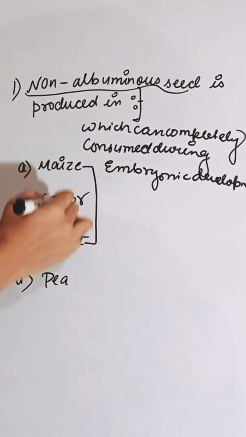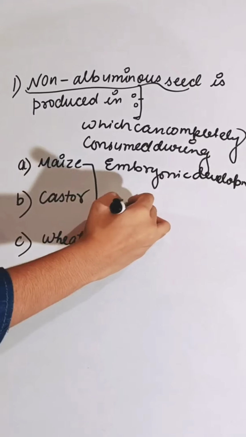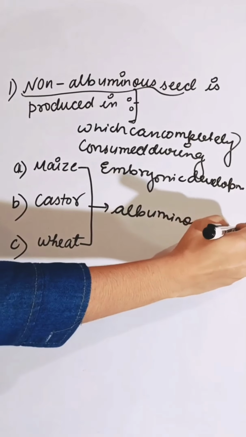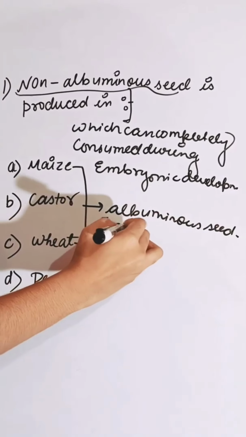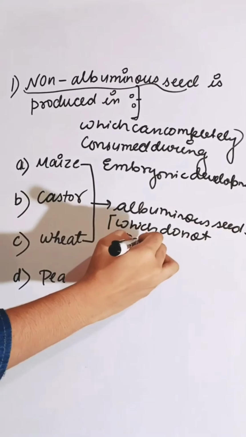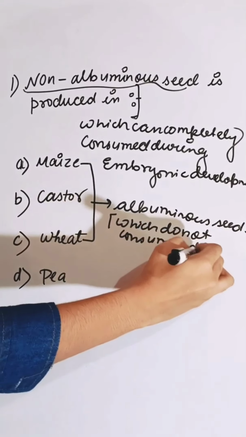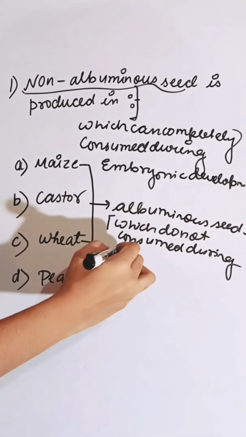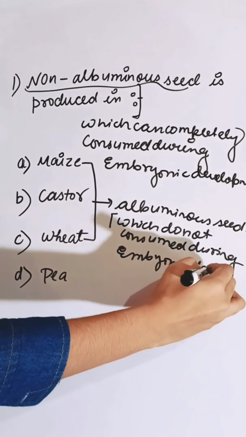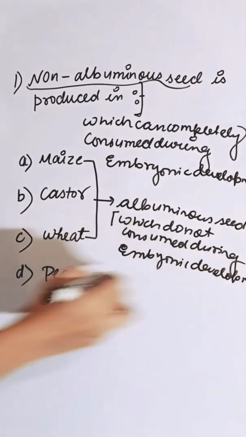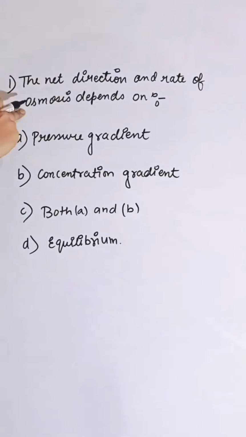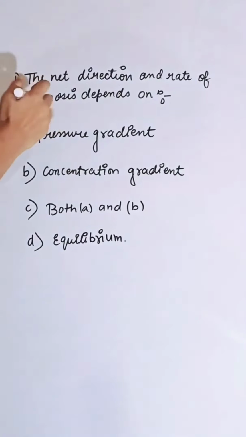These three, maize, castor and beet, are albuminous seeds, which do not get consumed during embryonic development. So P is a non-albuminous seed. Correct answer is D.